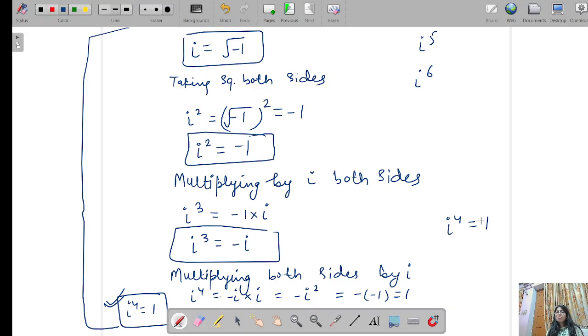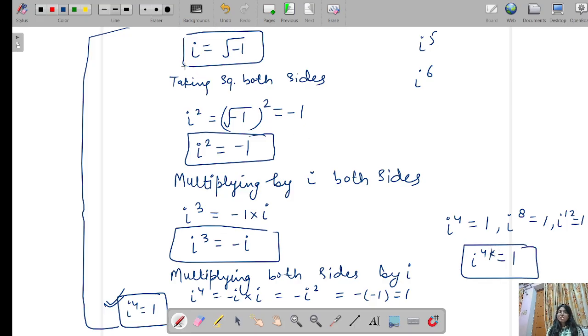Now, again I am going to find the value 1 on the multiple of 4. Iota 8 will be 1, iota 12 will be 1. The value of iota power will be 1 on the power of a multiple of 4. I can write as this.